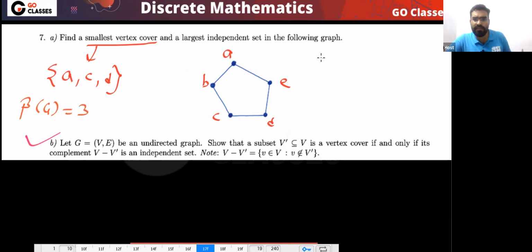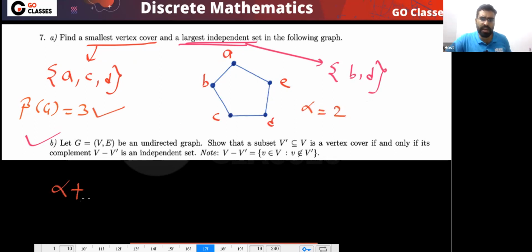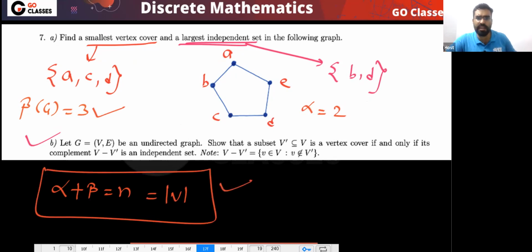Okay, and what is alpha? Alpha means the largest independent set. That will be, for example, B comma D. This is the largest you can create. Your beta is 3, then your alpha will be 2, because we already know that alpha plus beta is equal to the number of vertices for any graph. This we have already seen in the last class.